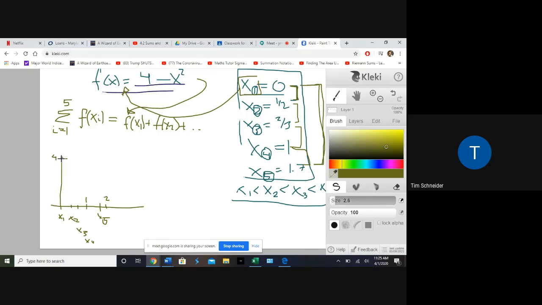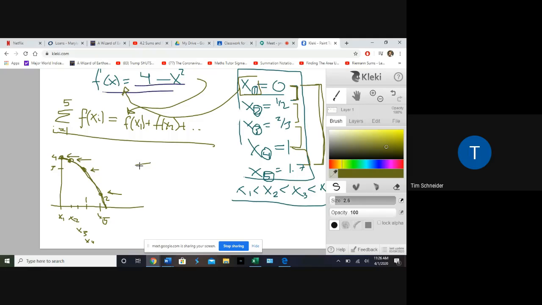We start at 4, weird stuff happens, right? This is almost 4. This is now down to 3. But what we are doing is the y values of the function when we plug in for f of x. So for this part, we are adding the y value here plus this y value here plus this y value here plus this y value here. Now that's not really very helpful.